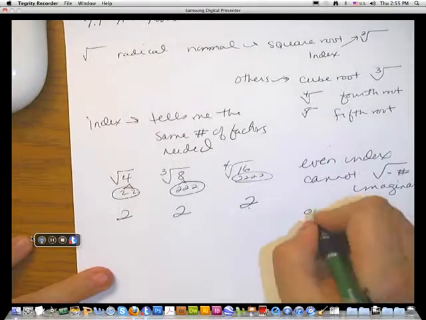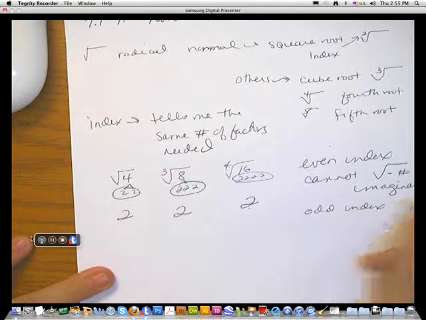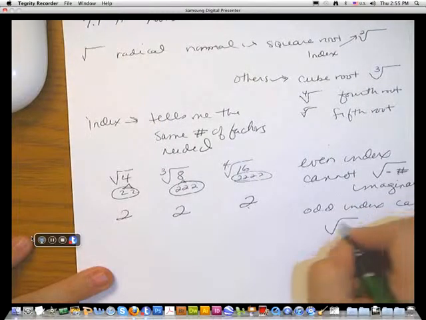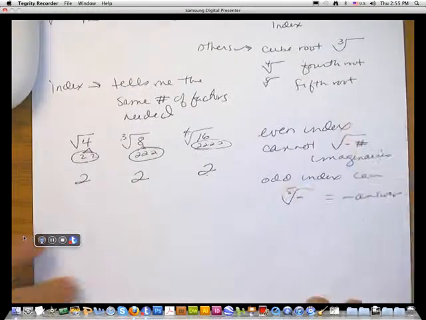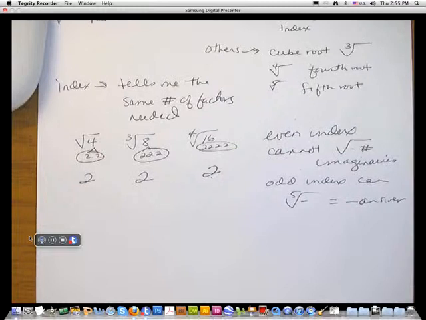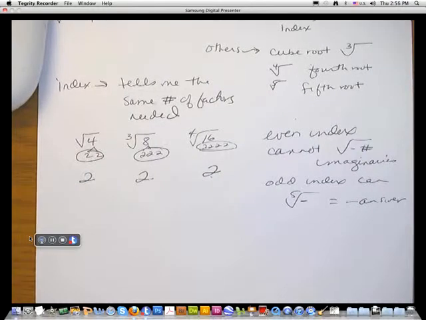But if I have an odd index, I can take the root of a negative. It means I have a negative answer. So that should be reviewed. We've talked about negatives before in imaginaries. So we've done that with square rooting of negatives.